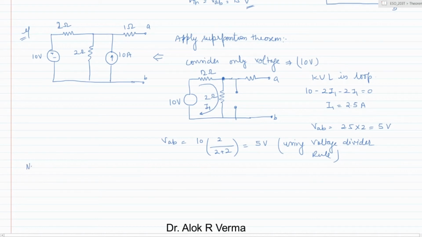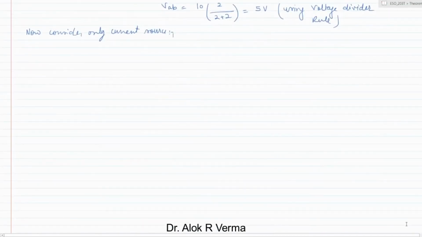Now consider only the current source. When we consider only the current source, let us draw the equivalent circuit by turning the voltage source off and the current source on. So this voltage source will be off, which is a short circuit, and here is the resistance.